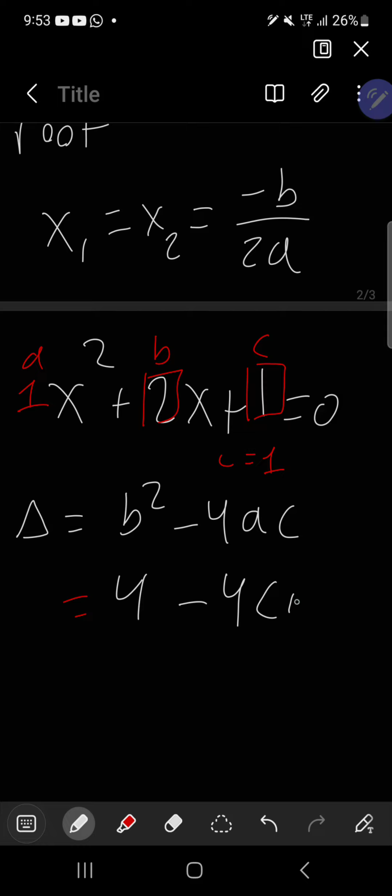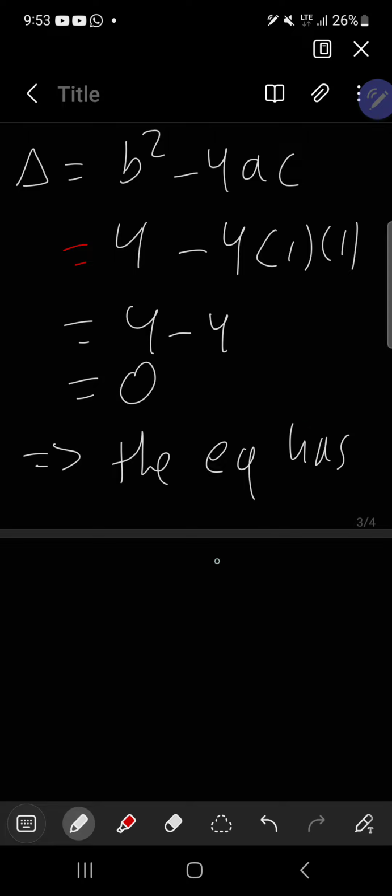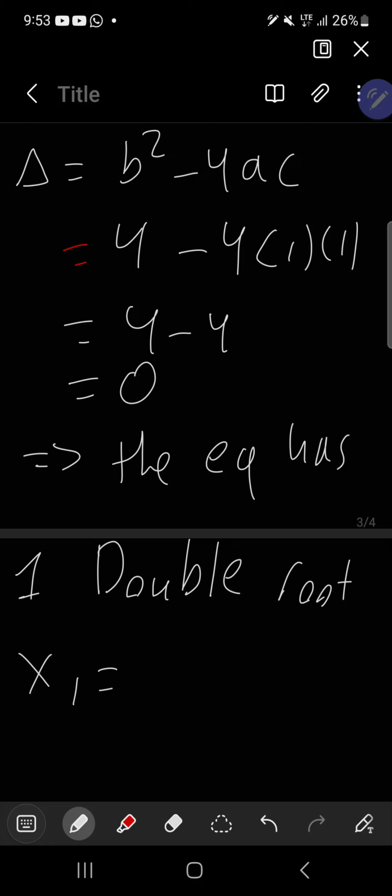A is 1, c is 1, so we get 4 minus 4, which gives us 0, which also means, let's use implies, the equation has one double root, which is x1 equals x2 equals minus b over 2a, because we need to memorize these rules.